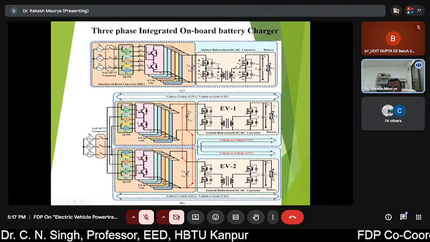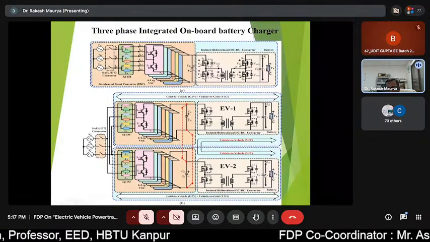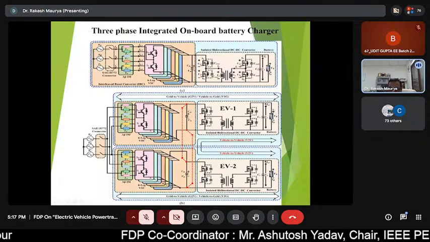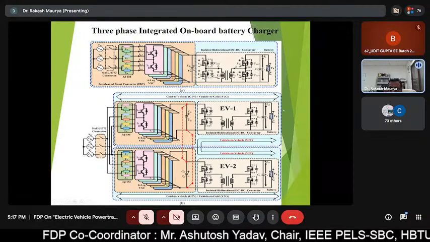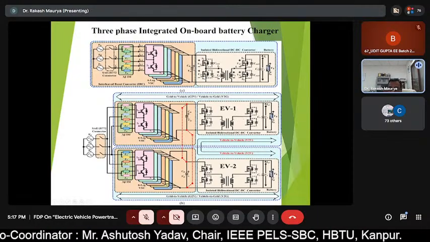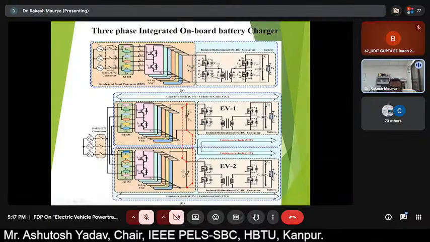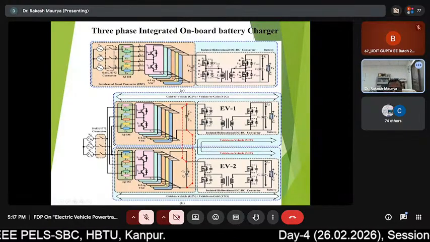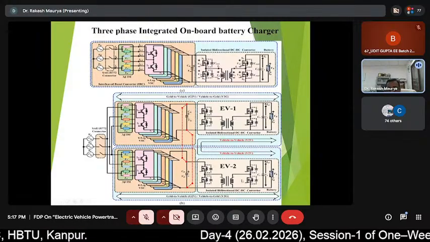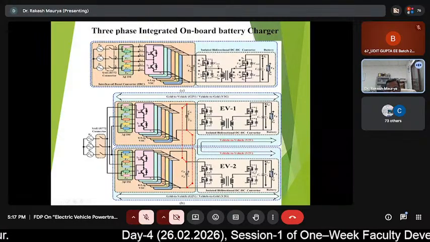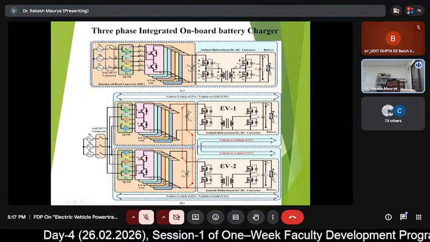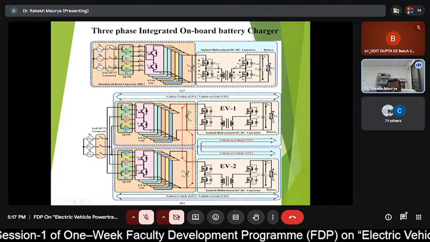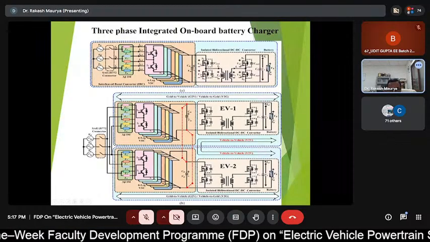Suppose one EV is fully charged and the other EV is discharged and needs to be charged. Then we can take power from the EV through this DC to DC converter, from the battery to the DC link, and this DC link is directly connected to the other vehicle, which is able to take power and charge. So the two vehicles can be charged, and the operation can be made as V to V charging.